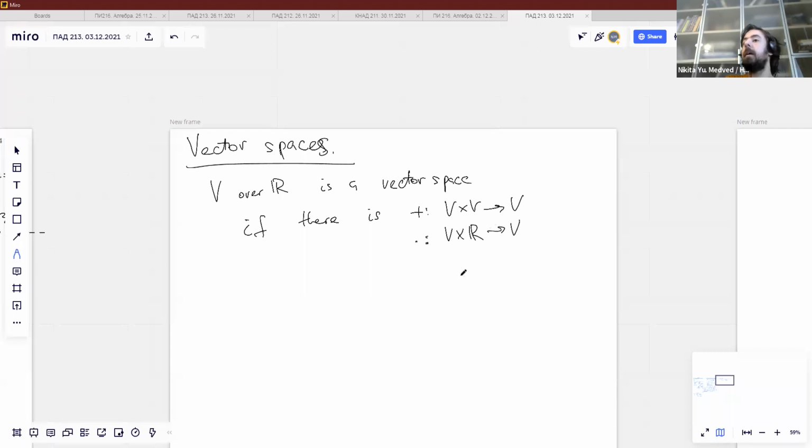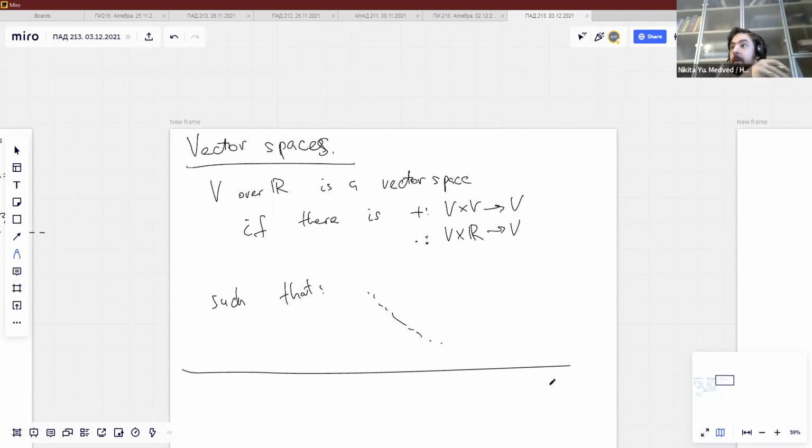It takes an element of V and a number and produces another element of V. And there are some properties that need to be satisfied, and there are many of them. I won't write them down, but you have them in the lecture notes.